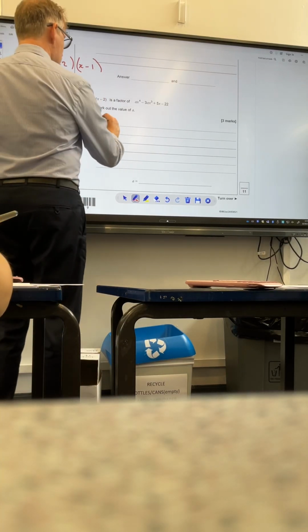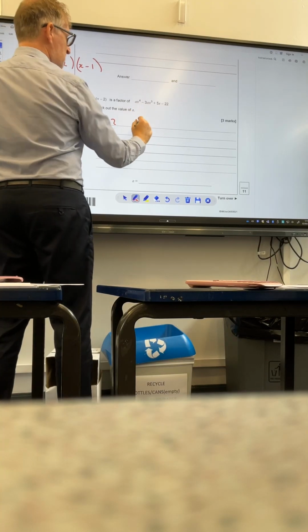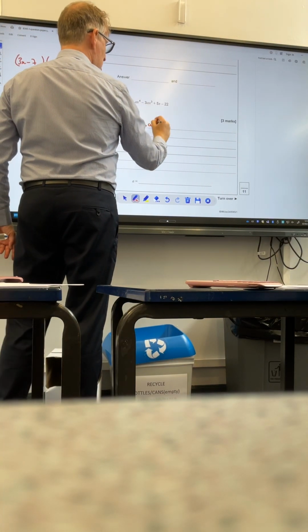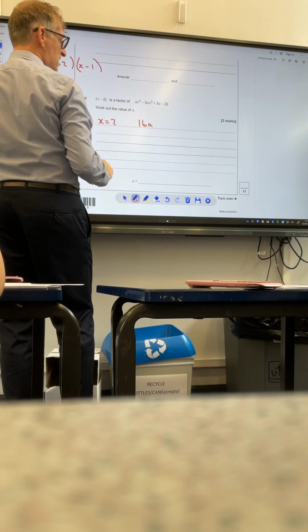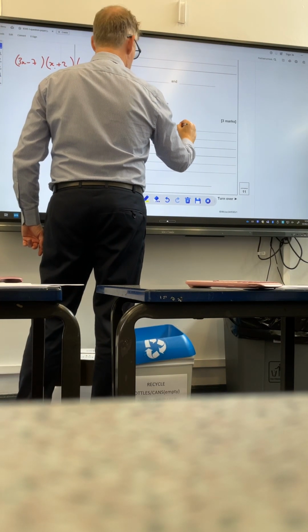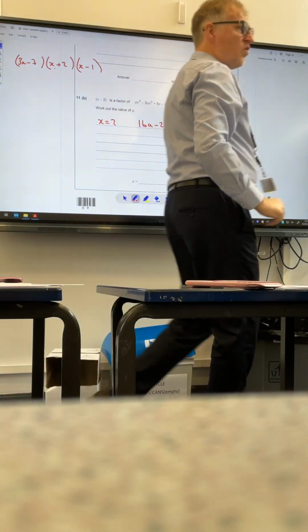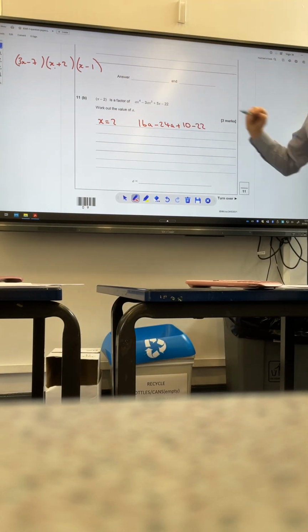So I put x equals 2 into my expression. So 2 to the power of 4 is 16, so 16a. 2 to the power of 3 is 8, times the 3 is minus 24a. And then I'm going to have 10 and minus 22. So all I've done is put 2 into that expression.